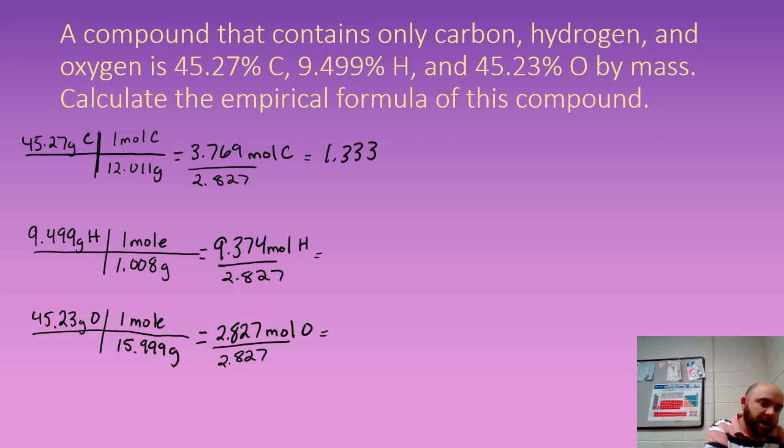And then 9.374 divided by 2.827 is going to equal about 3.33, actually about 3.32. And then for the oxygen, it will just be 1, because 2.827 divided by 2.827 is 1.